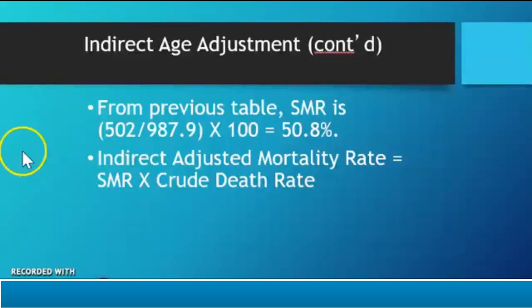Once you have those two numbers, you can find the standardized mortality ratio, and here it is 50.8%. Then to get the indirect adjusted mortality rate, you multiply that standardized mortality ratio times the crude death rate to get the indirect adjusted mortality rate.